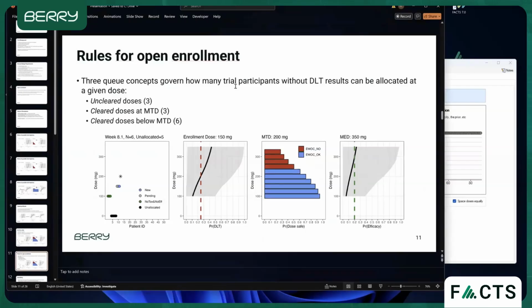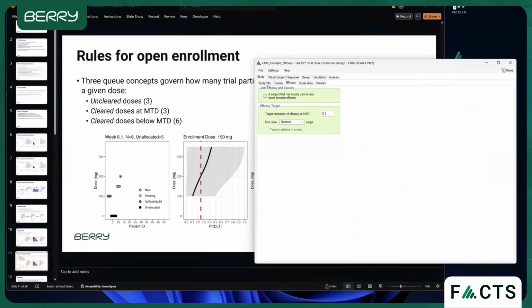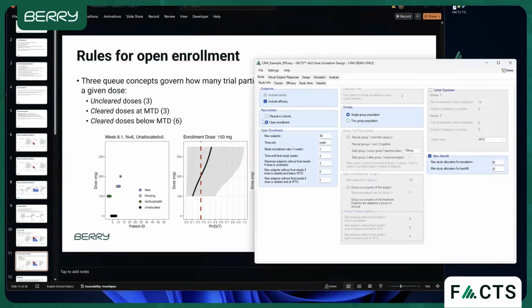Okay. One of the things you saw here in open enrollment is that these patients arrived separately. They didn't arrive as cohorts, but they arrived separately. And there's certain rules that you need to set that govern how this open enrollment works.